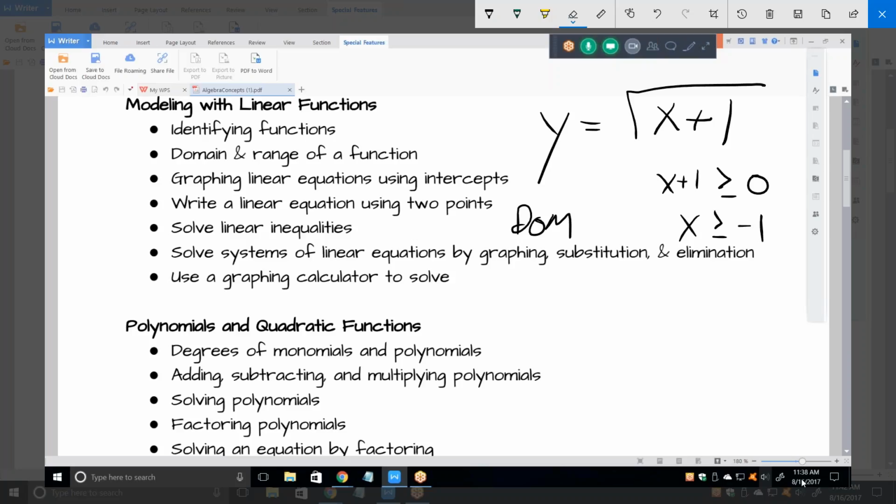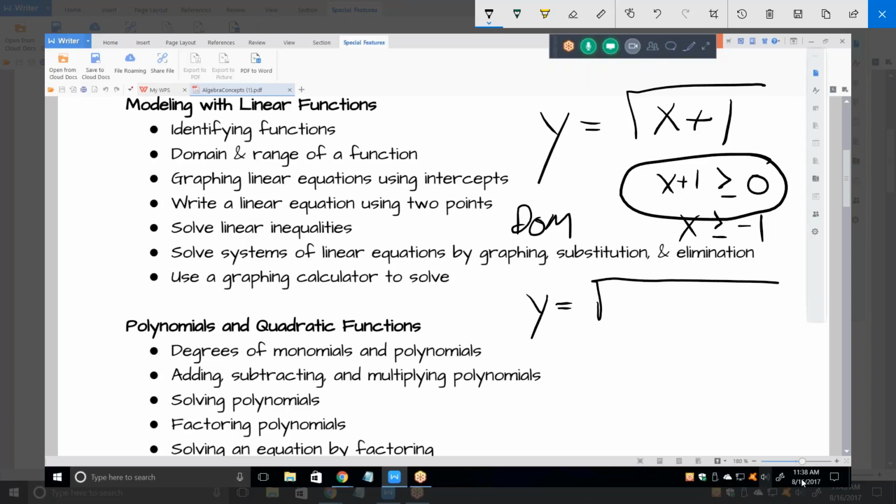But the secret here is to automatically recognize you're looking at a square root radical and know that the very next step has to be that one. And it doesn't matter how complicated it is.